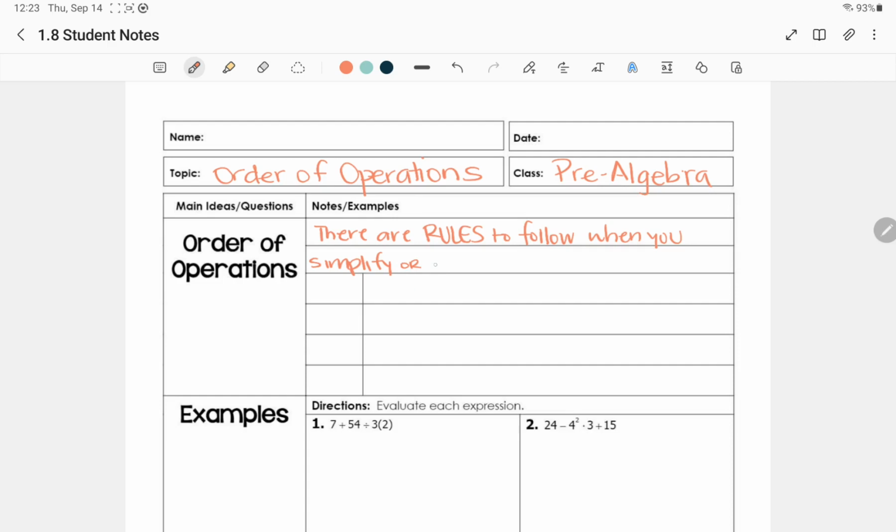Simplify or solve an equation with multiple operations. So sometimes you have equations that have a lot of things going on inside, or a lot of things that you need to do in the equation. And so there are rules that you must follow in order to solve the problem or solve the equation.